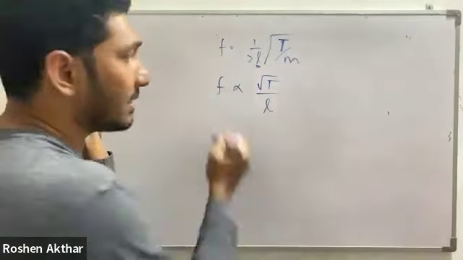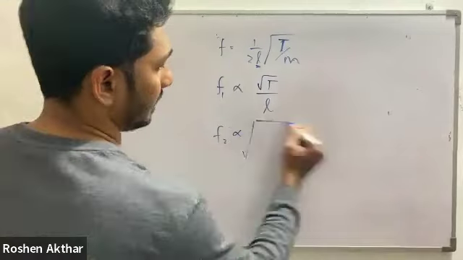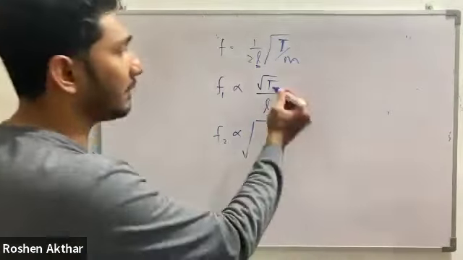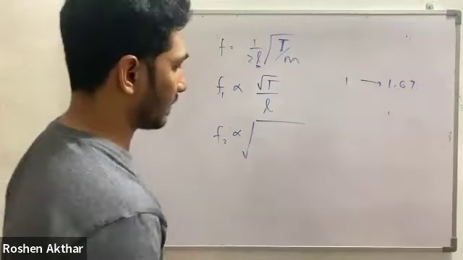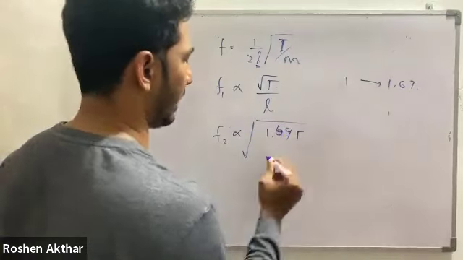So this is the initial, let's say F1. Final will be, you have increased the tension by 69%. So initially if it is 1, finally it will be 1.69 T, right?